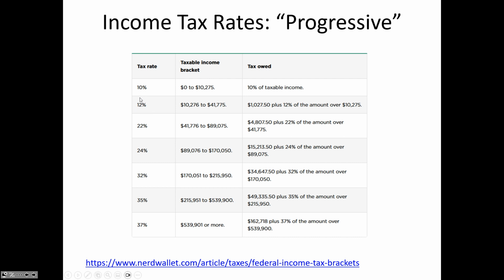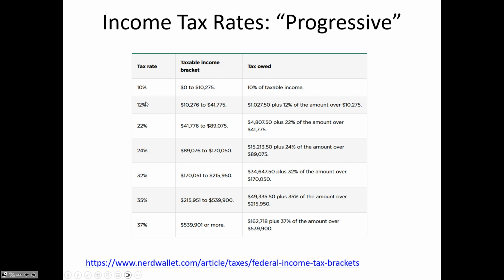And this is something where people oftentimes get confused and fall into some mistaken thinking. I've known people who thought that it's better to make, for example, $10,000 than $11,000, because they think, well, if you only make $10,000, then you're in the 10% range, but if you make $11,000, then you have to be in the 12% range.